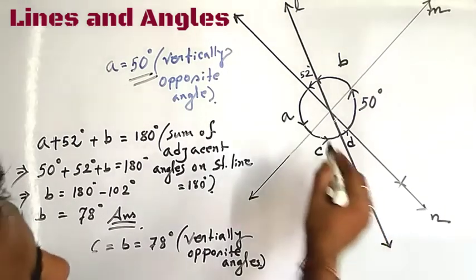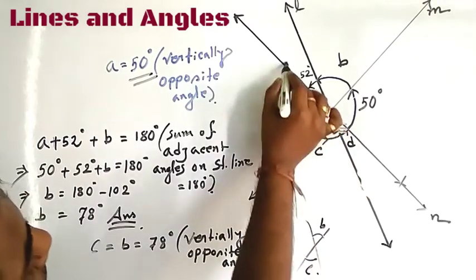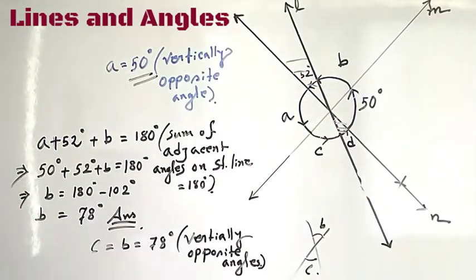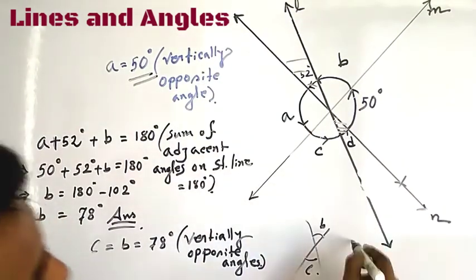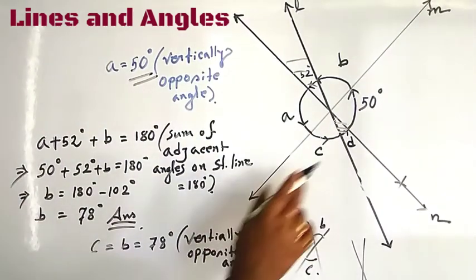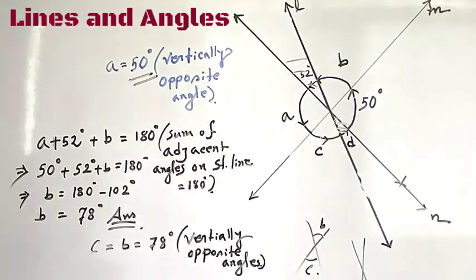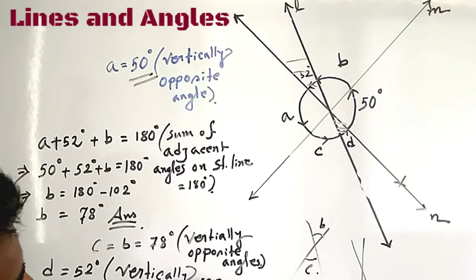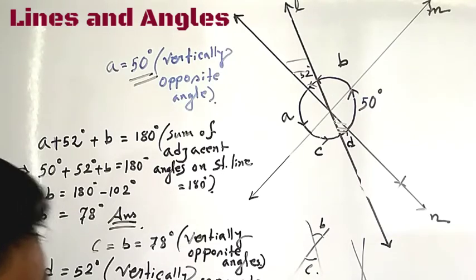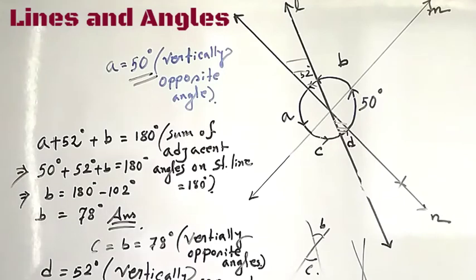Now see, this angle and this angle are vertically opposite, because lines L and N are intersecting like this. So what is the value of D? 52 degree. In the same way, D equals 52 degree and the reason is vertically opposite angles. So this math is also complete.